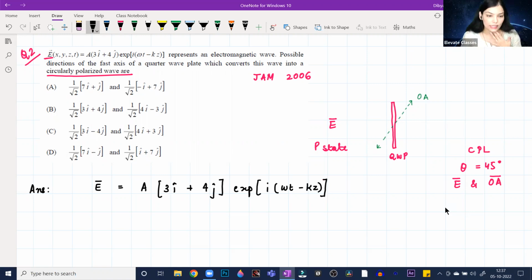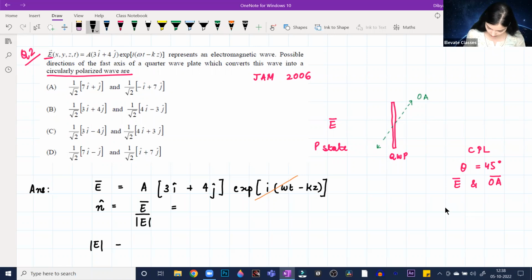Okay, and let us find a direction corresponding to this E field. So let us do this. For the moment, you can drop this term, okay? Just deal with the vectors because this is a constant in a way. So then what is mod of E?